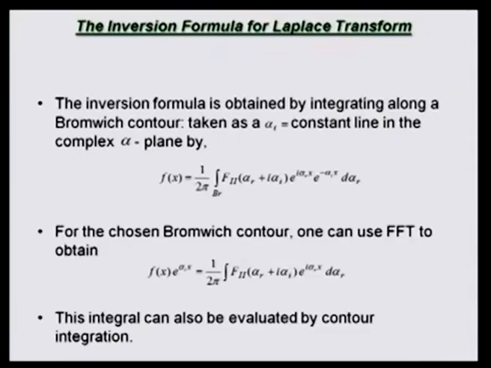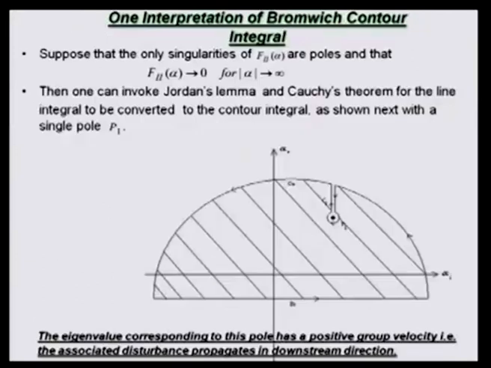This is what we have worked out on the blackboard. So, you should have no problem understanding what we just talked about. Now, let us talk about the interpretation of the Bromwich contour. What does it mean?